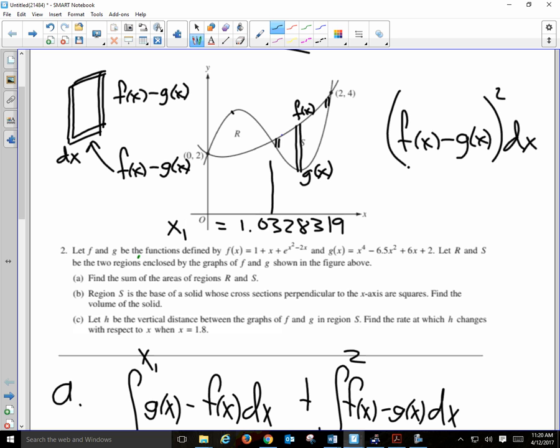Let h be a vertical distance between the graphs f and g. Well, this would be the vertical distance. Agreed? All right. Find the rate at which h changes. What does it mean to find the rate at which h changes? H prime. Well, what is h?